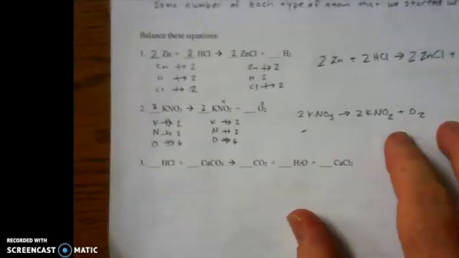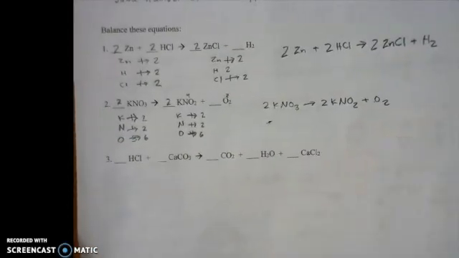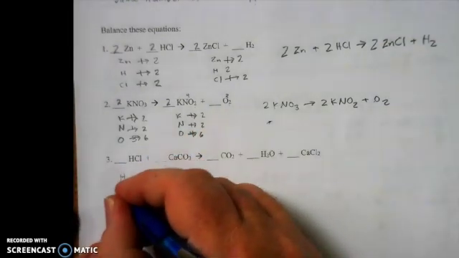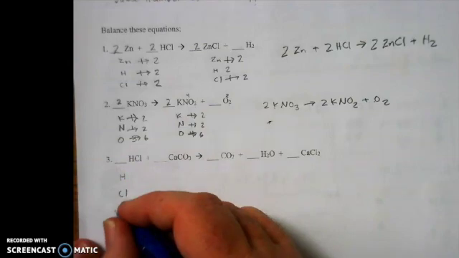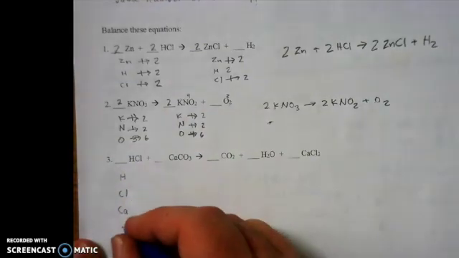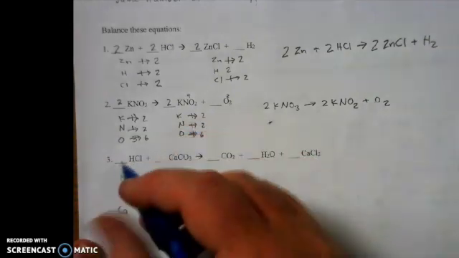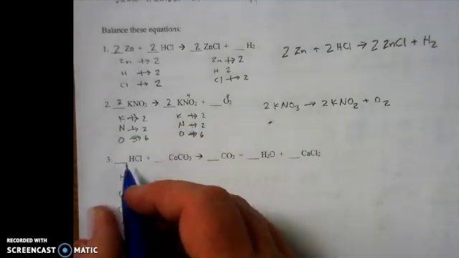And now, last but not least, number 3, we've got hydrogen, chlorine, calcium, carbon, and oxygen. So let's take a look here, make sure everybody understands how we found those.